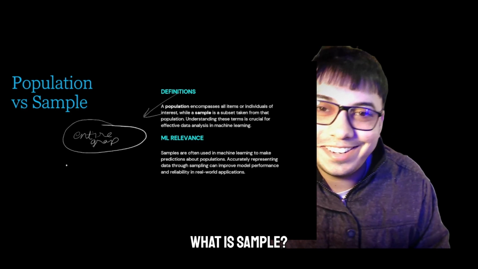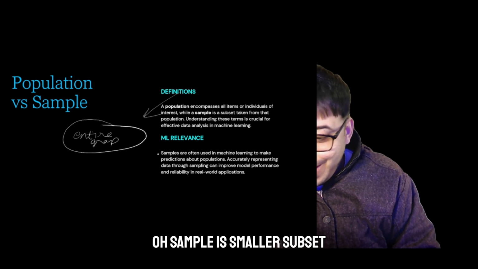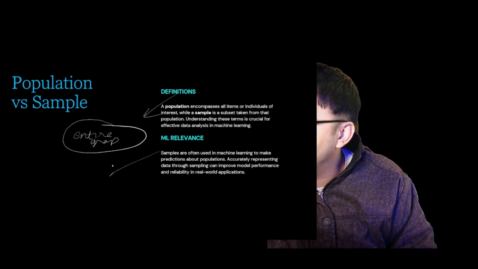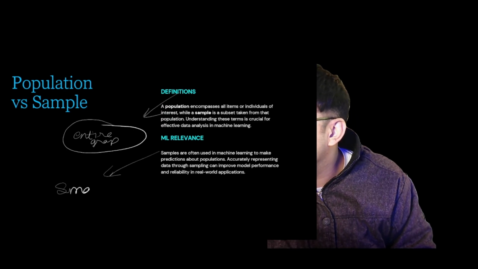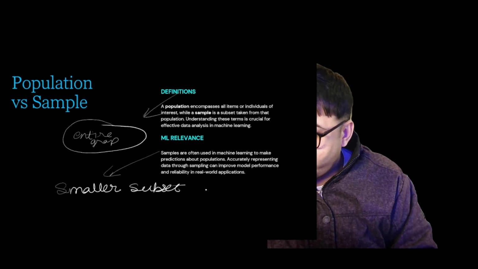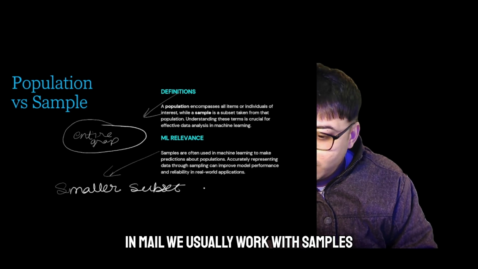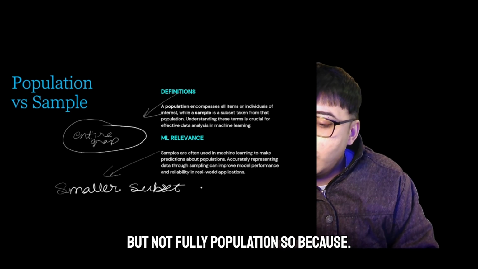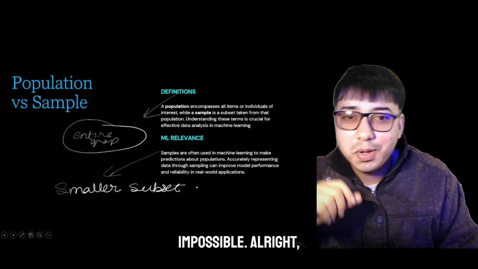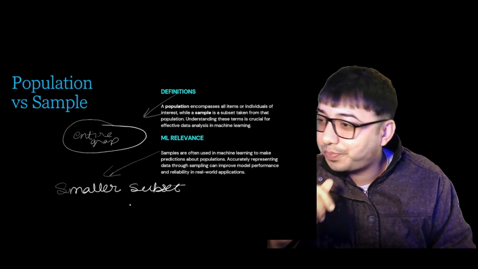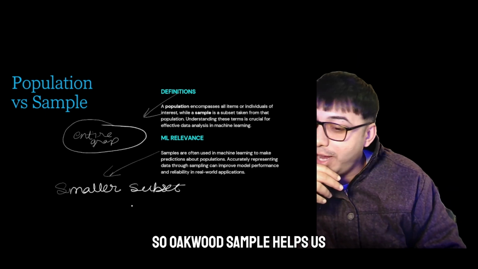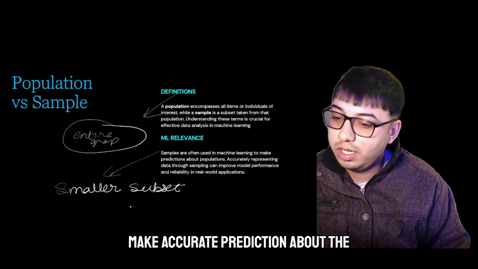And what is a sample? A sample is a smaller subset taken from the population. In ML, we usually work with samples, not the full population, because collecting all data is expensive or impossible. A good sample helps us make accurate predictions about the population.